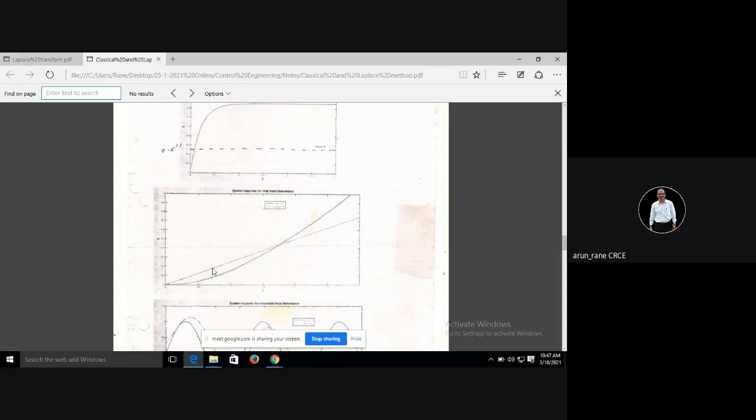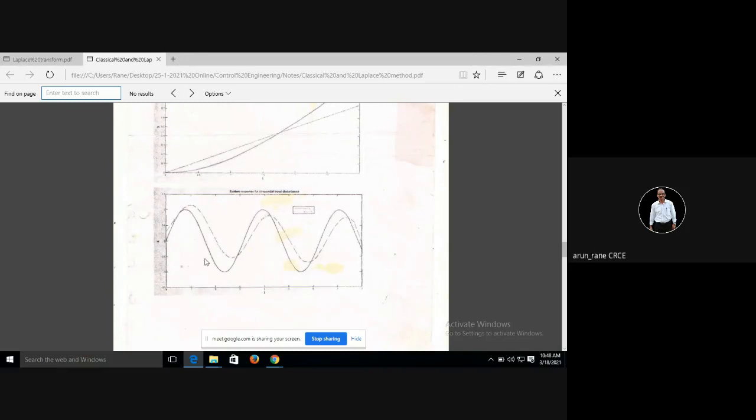See what is happening here: the error becomes zero in this case, where input is equal to output. Now this is what my output is, and this is what my input is, so this error is going on increasing as the time t increases, correct? So this is not advisable, correct?